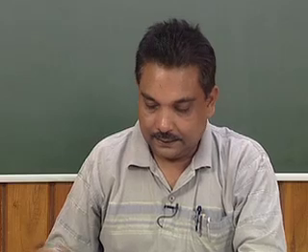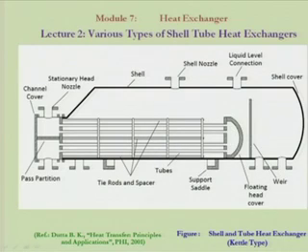Now, in this case, the kettle type reboiler is a floating head device, and this impingement plate helps so that no vapor will be drained. Okay.